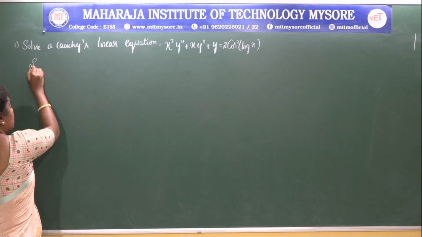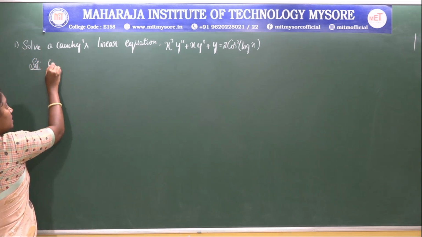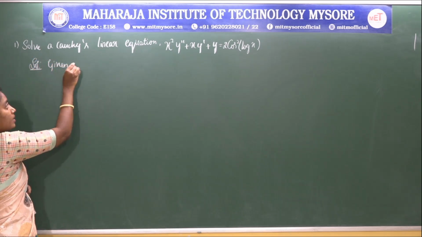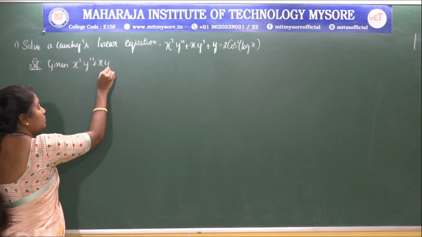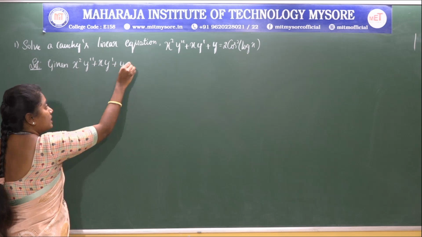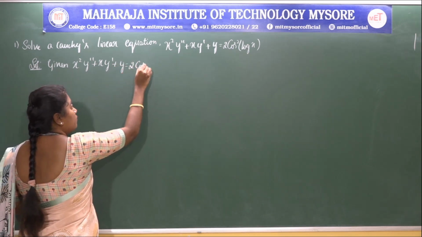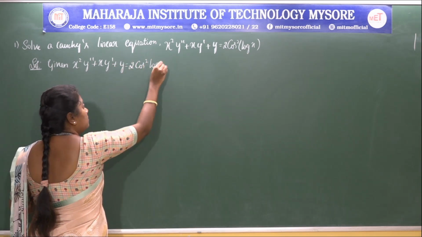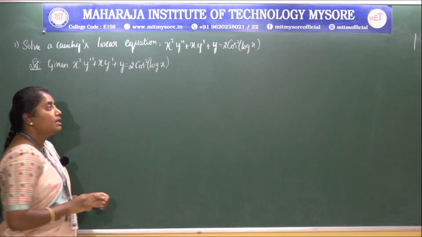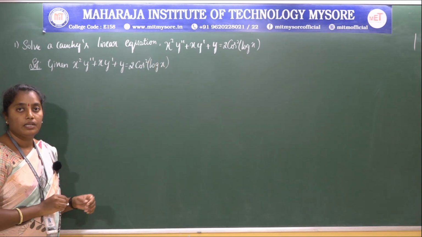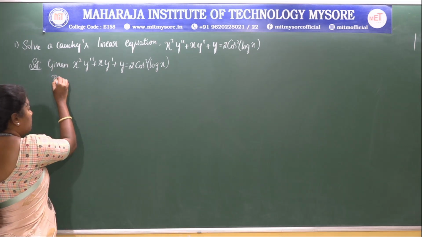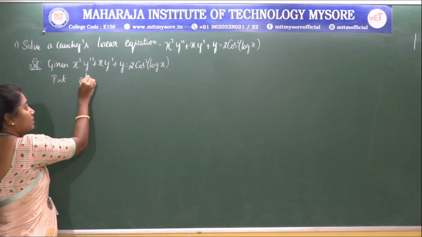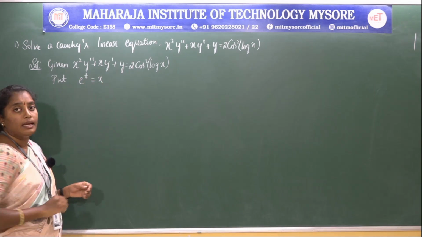So for that consider the given equation, x square y double dash plus x into y dash plus y is equal to 2 times cos square log x, as the given differential equation. For Cauchy's linear equation the substitutions are, we have to substitute e power of t is equal to x.